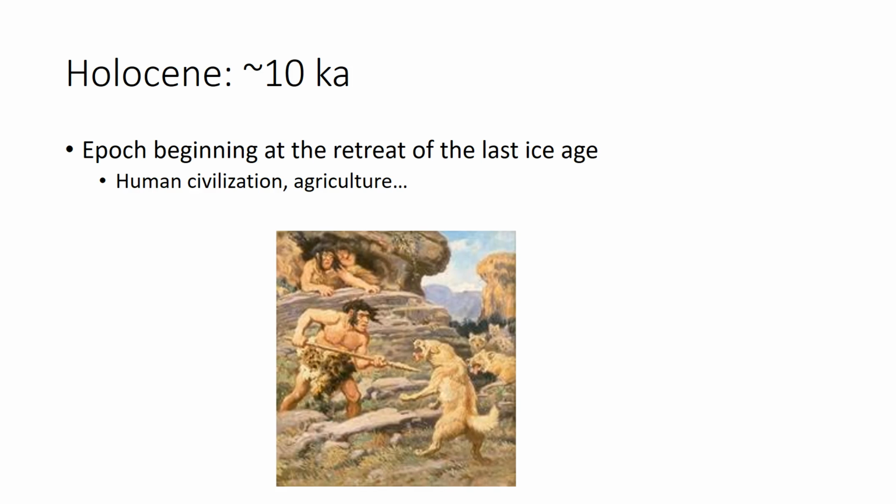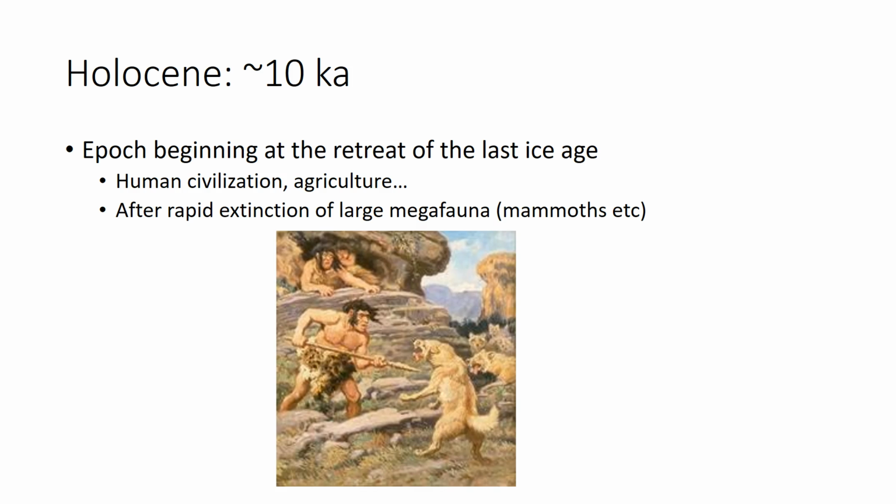Human civilization, agriculture, people started living in one spot, and cities began growing, because of the onset of things like agriculture. And it's mostly after the rapid extinction of what they call large megafauna, like our mammoths, saber-toothed tigers, and stuff like that, which happened around the beginning of the Holocene epoch, okay?